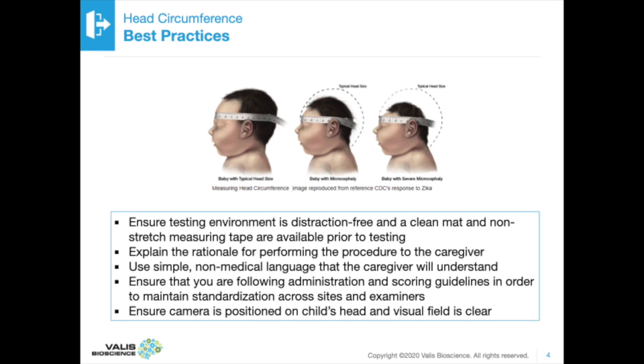Carefully observe that the caregiver is performing the task according to the instructions, and use simple, non-medical language if additional instructions or feedback are required. Ensure that you follow all the guidelines for facilitating measurement by the caregiver, and that you provide demonstrations if needed. Importantly, ensure that the camera is positioned on the child's head such that you can clearly observe if the caregiver is measuring the largest circumference of the child's head.